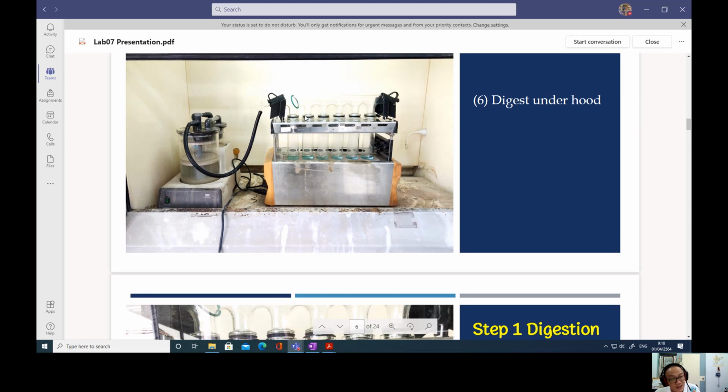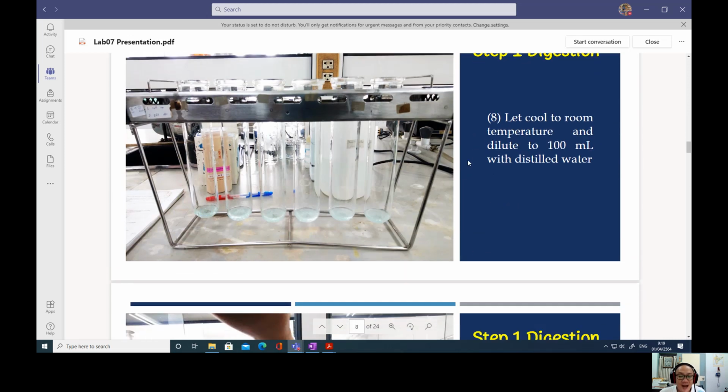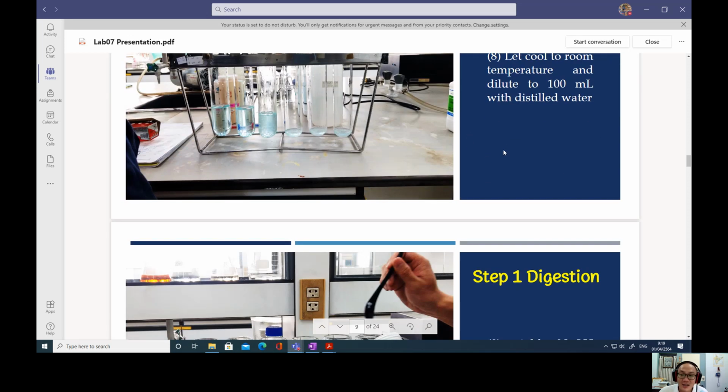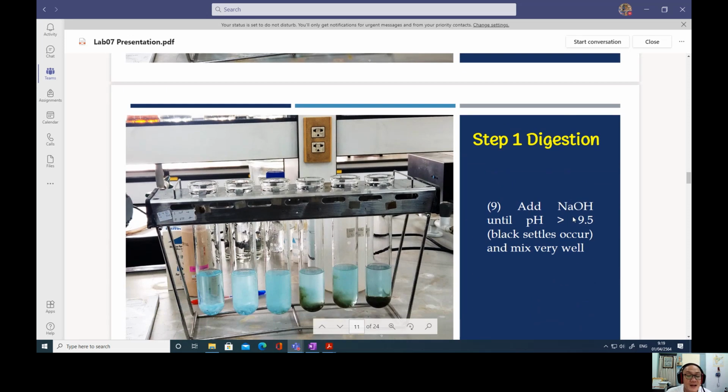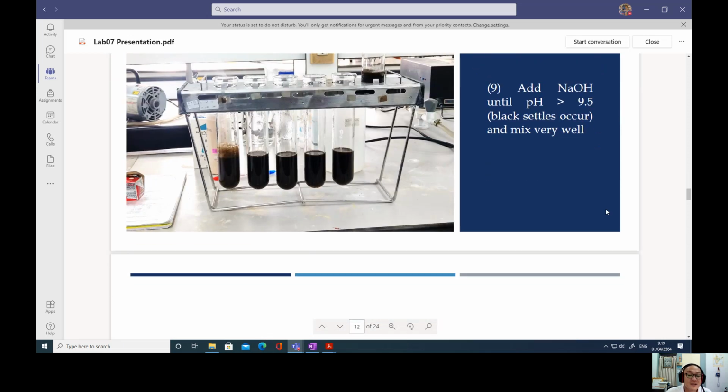If we are not doing this in the hood, just imagine all the acid fumes will affect the one who is doing the analysis. Inside, there are some procedures so that you can read it by yourself.